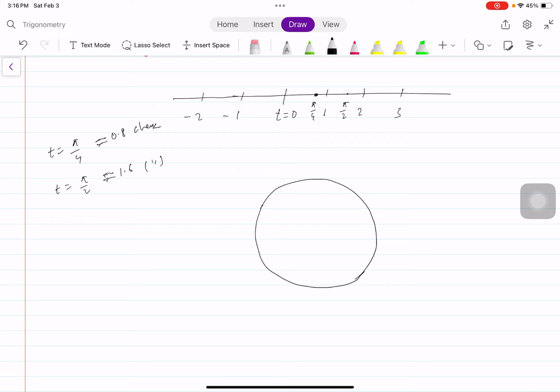So if we distribute these real numbers along a unit circle, this is at the origin, and if any point is moving along here, and this is t equals pi over 4, this point corresponds to here.